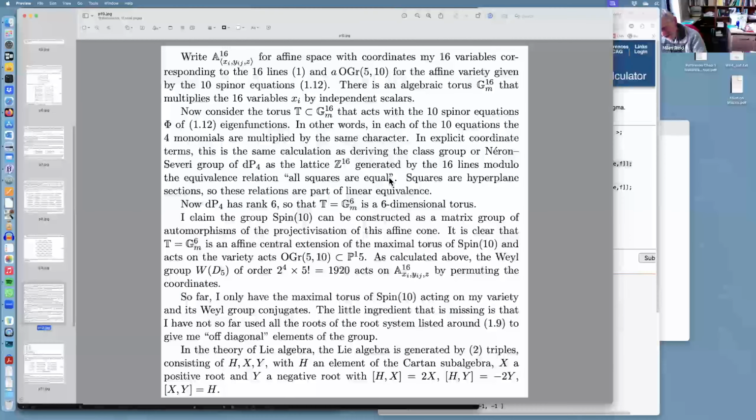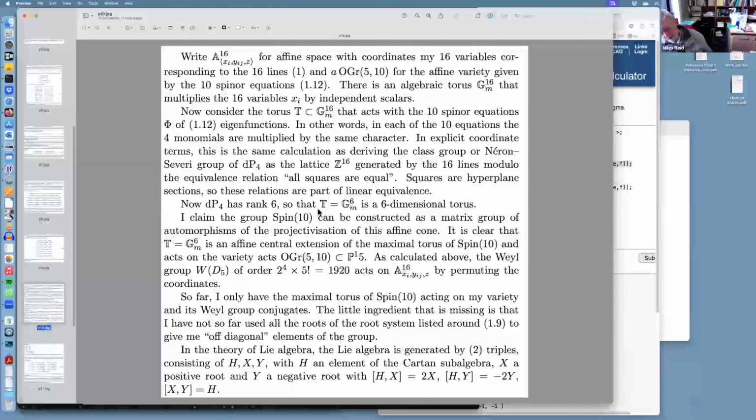The original big phi was made up of squares, and asking for this phi to act on my 10 spinor equations by eigenfunctions is the same as asking it to act on phi by, sorry, this is not grammatical.